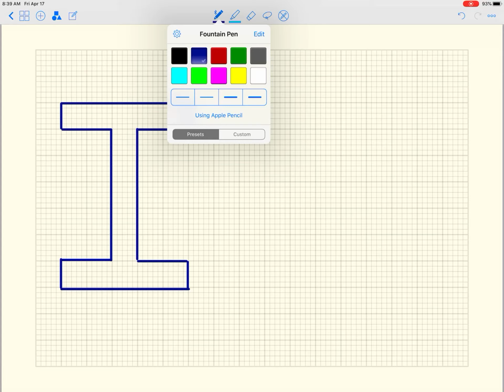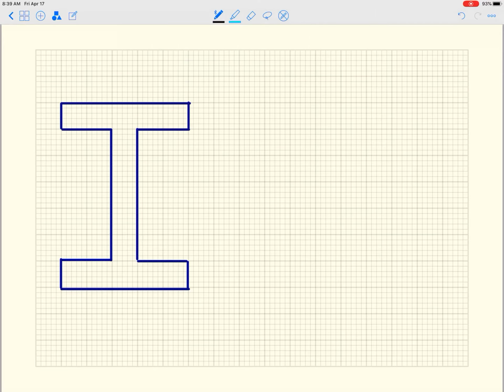So let me plot the shear flow. I guess we'll do that in black. So this guy is going to be Q as a function of y.